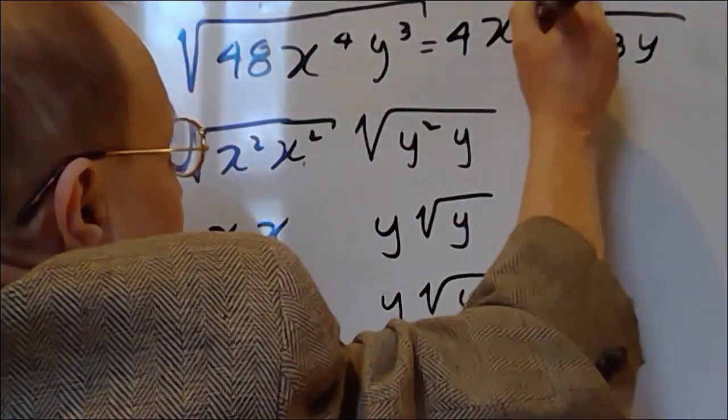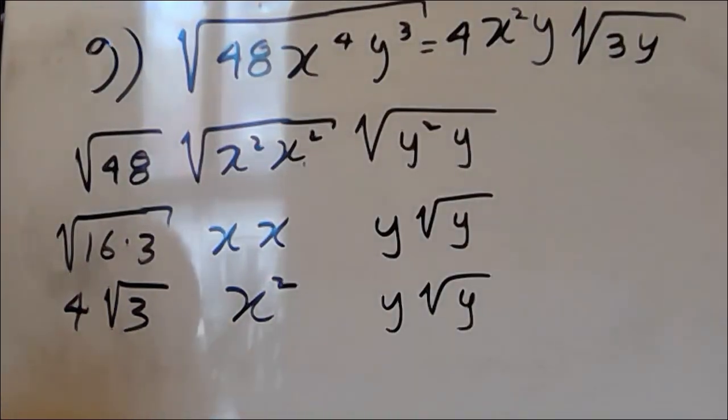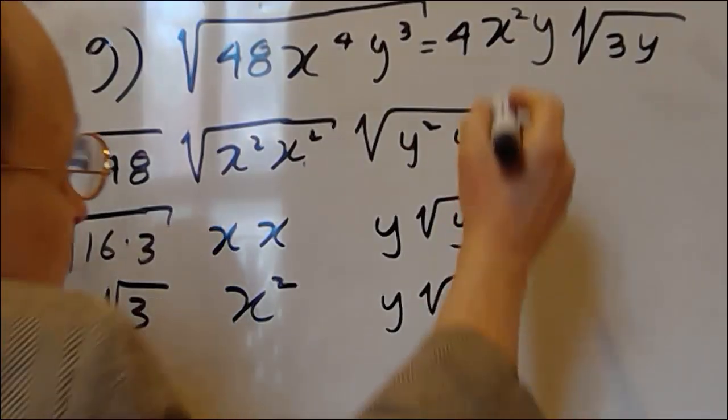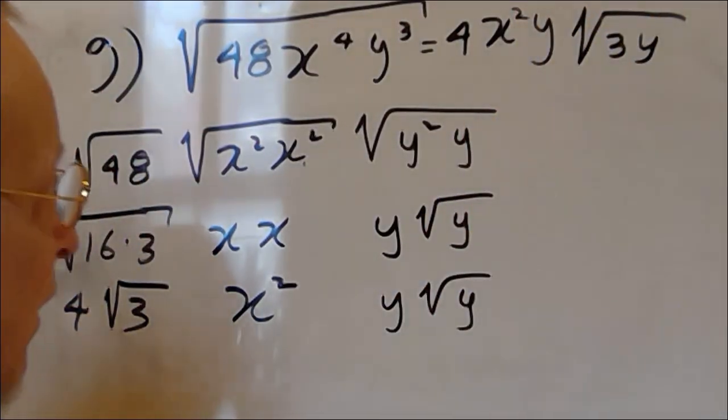Let's get that squared a little bit closer so it can be seen. Okay, so here you see it, so that means that our final answer would be 4x squared y radical of 3y.